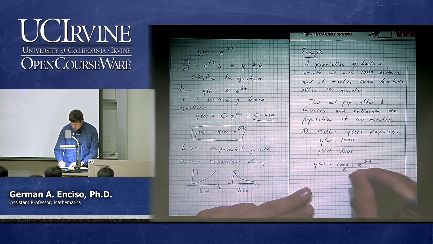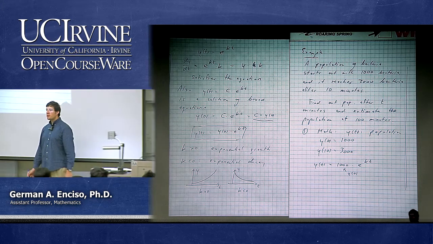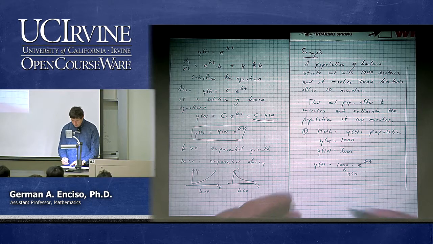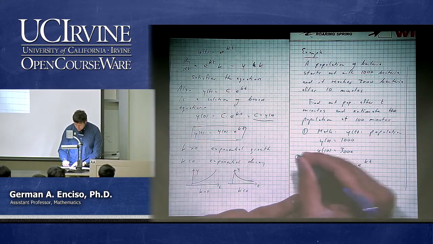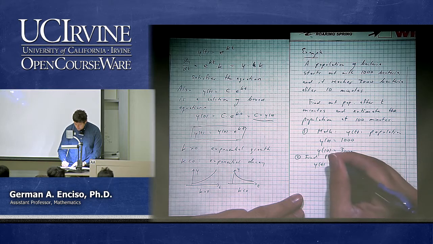This is because this thing is y of 0, and I am already told y of 0. So we only need to find the parameter k. So this is to find parameters.